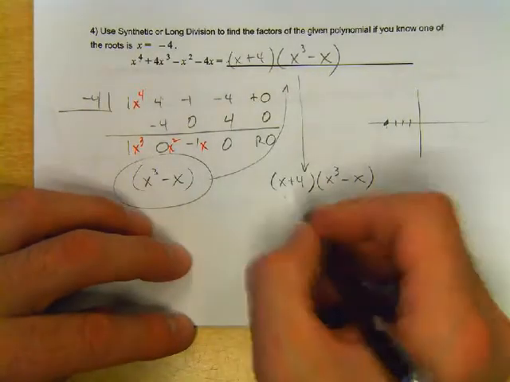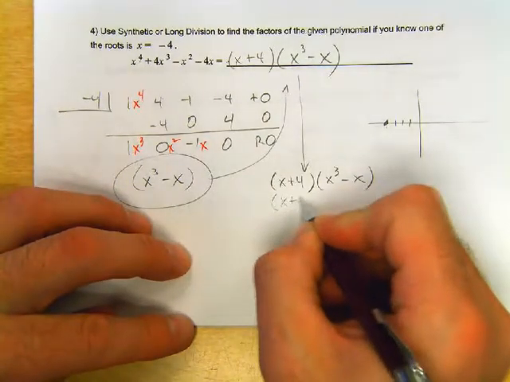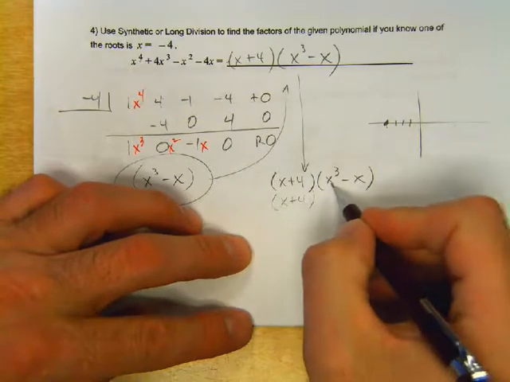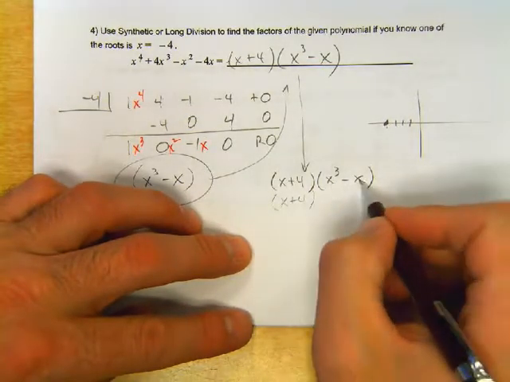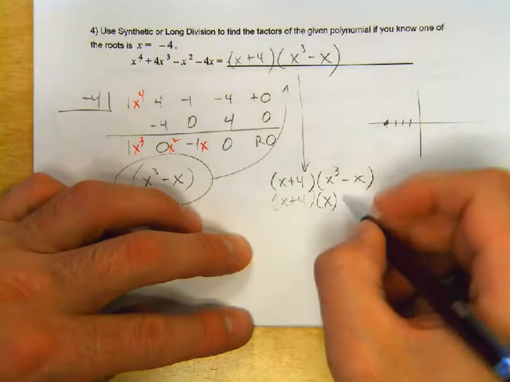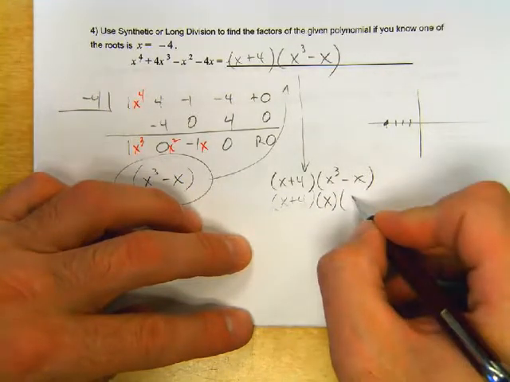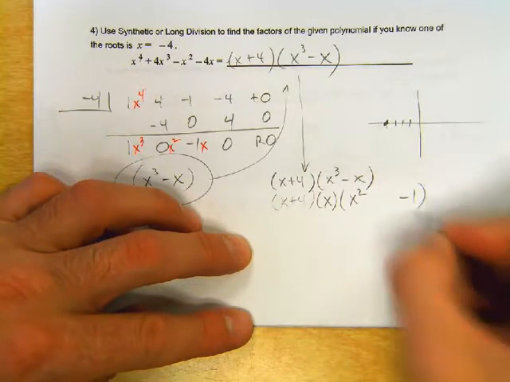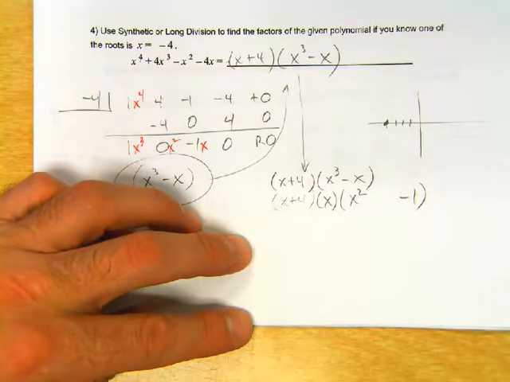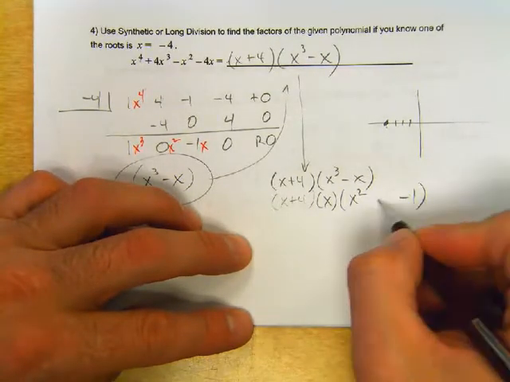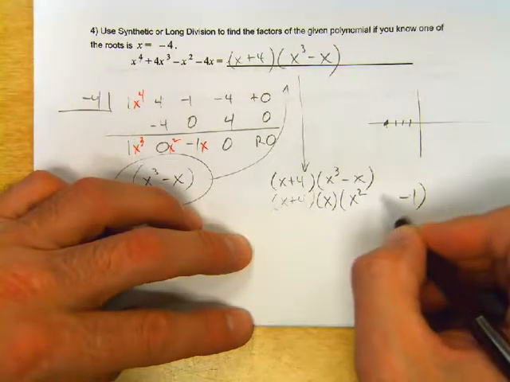So I'm looking at this x cubed minus x. Is there anything common that we can factor out of both of these terms? An x. When we do that, we get x squared minus 1. So there's the quadratic, there's the constant. The linear term is missing.